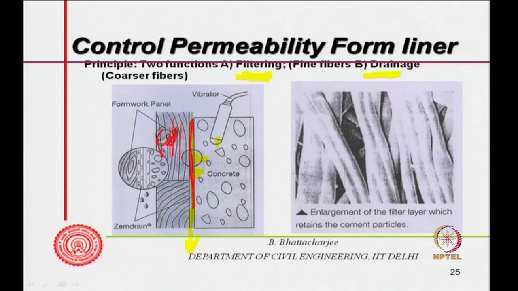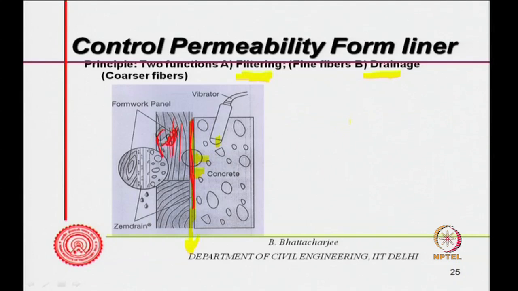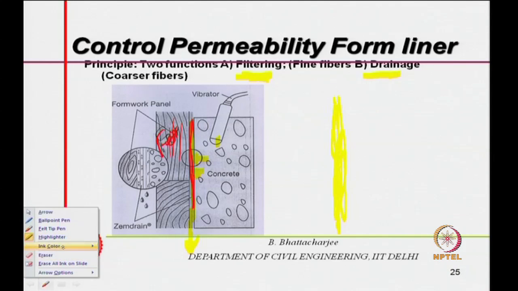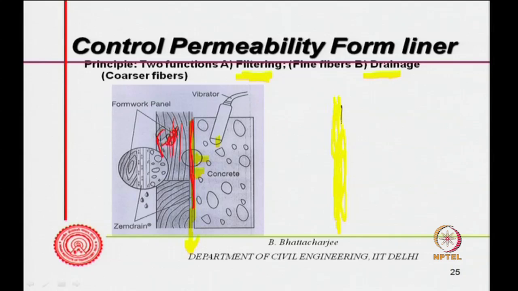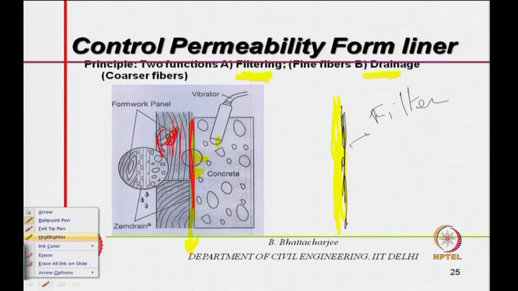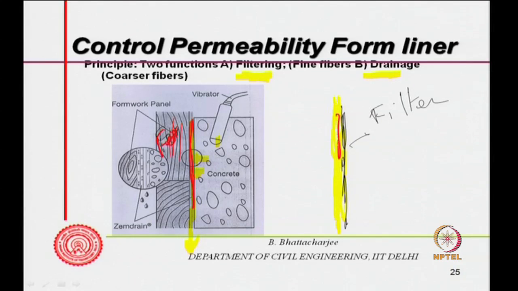It is a thin material with two layers actually. The front layer is a filter layer, say a polymeric composite material filter, and the back layer is a porous layer. The back layer has the function of drainage, and the front has the function of filtering.